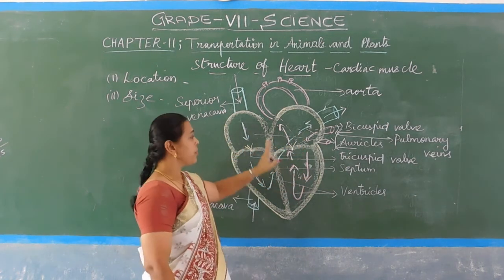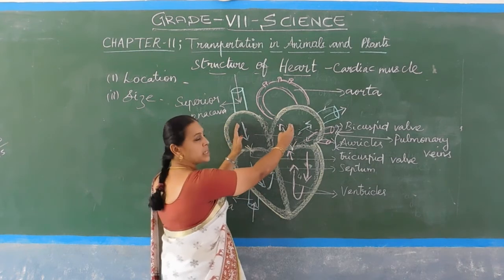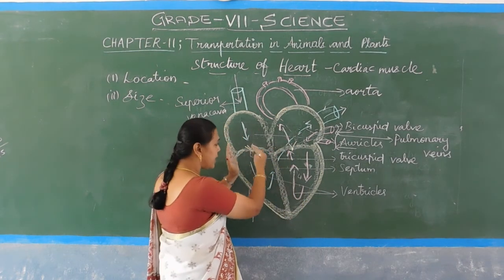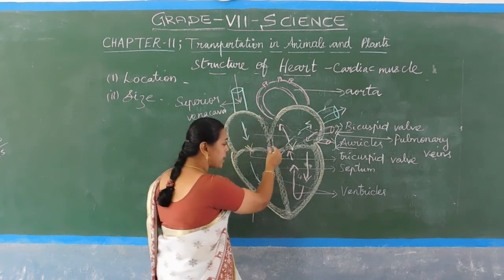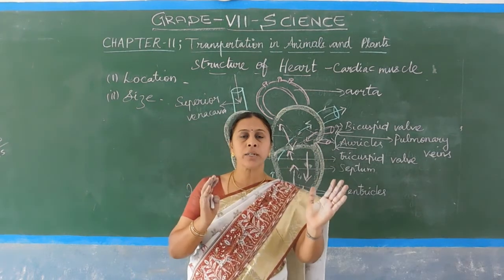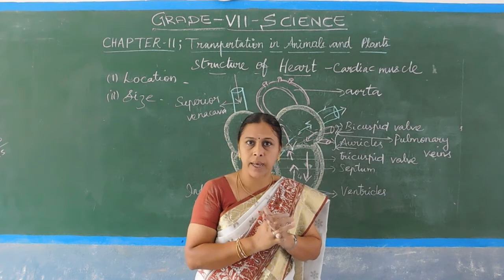The heart has four chambers and it is divided into auricles and ventricles. The upper two chambers are called auricles, the lower two chambers are called ventricles. And the right side of the heart is separated from the left side through a thick muscular wall called septum. Then only the oxygen rich blood and the carbon dioxide rich blood will not mix up with each other.